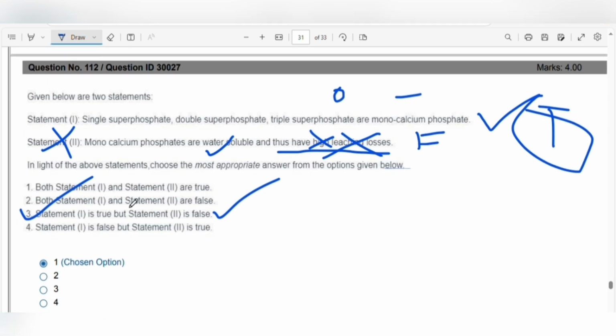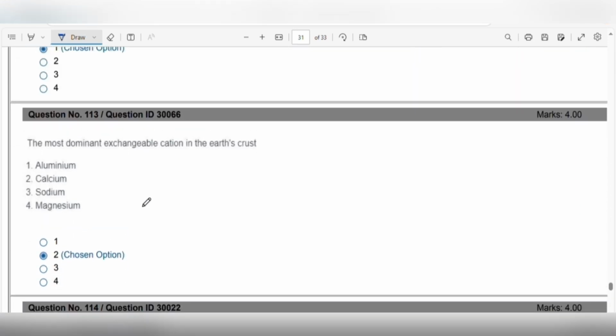All right, let's move on to the next question. We are almost at the end of the recap. We are reaching the 120th question, as you can see. This question also had a huge controversy as far as I remember. The most dominant exchangeable cation in the Earth's crust.